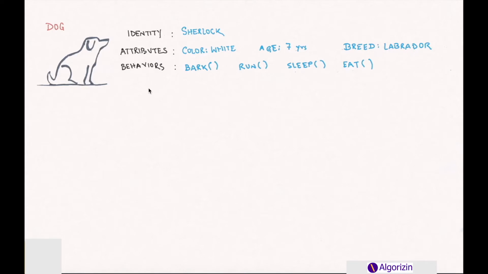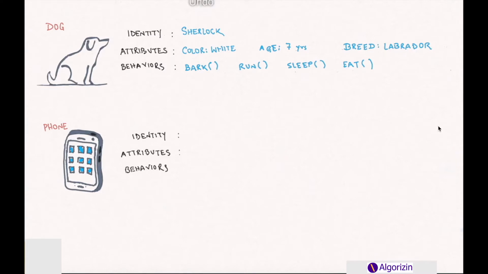Can we think of another different object? Let's say we're thinking of a phone. When we're thinking of a phone, it can have its identity as well, and it'll have attributes and behaviors. So let's say its identity is that it's an iPhone XS. What could be its attributes?